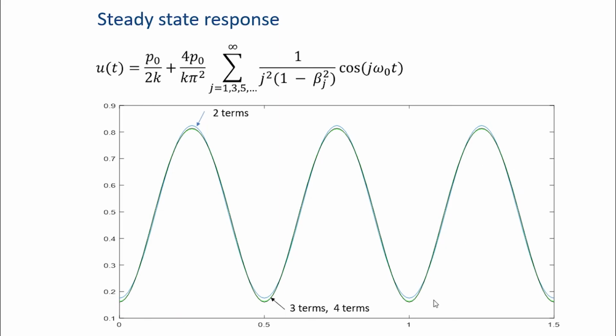As is evident from this picture, the sum of three terms and the sum of four terms are very identical. So that means the three terms or four terms of the series converge to the actual steady state response. So we need not consider an infinite number of terms to get this accurate response. We can get the correct response with very few terms itself.